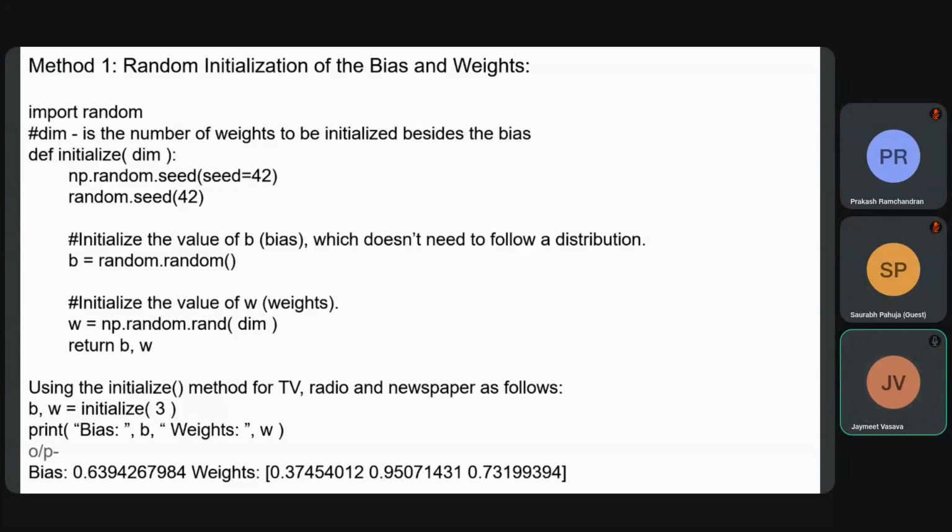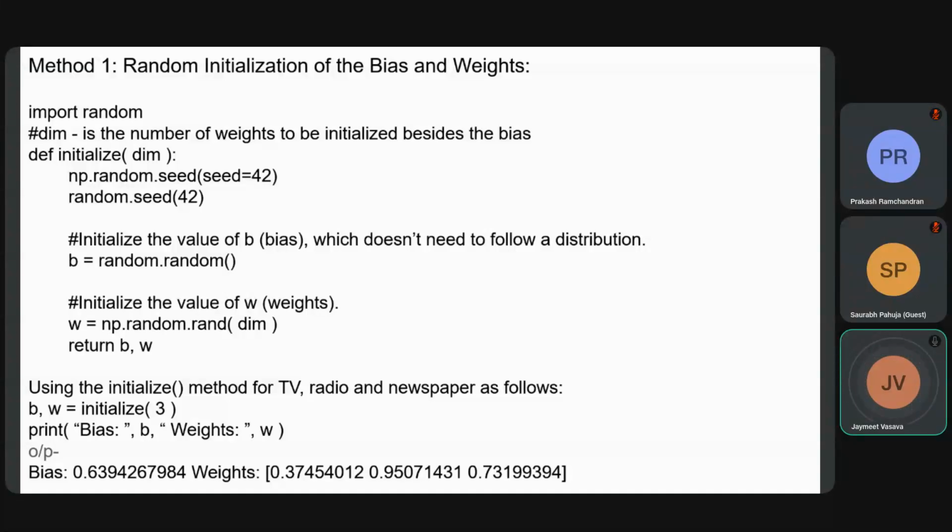So initialize the value of W using the numpy random and the randomness for the dimensions, and in the end returning the value back for the bias and the weights. We are using it for three dimensions, TV, radio, newspaper, so we give the value of 3.